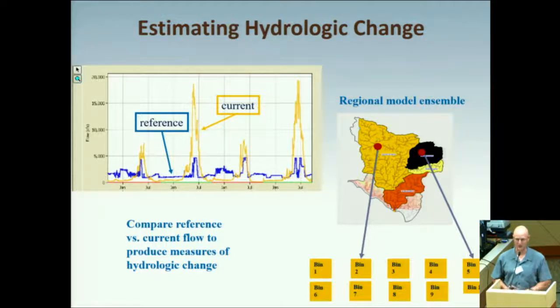Again, all models are wrong, as you heard, but we have developed an approach that we think is useful for the specific application that we're trying to apply here. And so really what we want to do with the hydrograph that you can see on the screen here is we have our current hydrology, and we want to be able to model or estimate the current hydrology. And then we want to be able to, in the model, simulate what that specific location would look like under reference conditions.